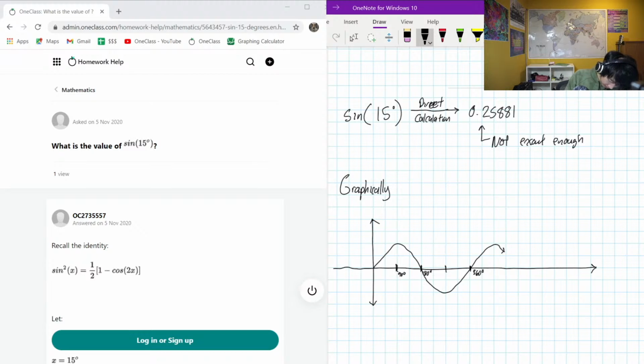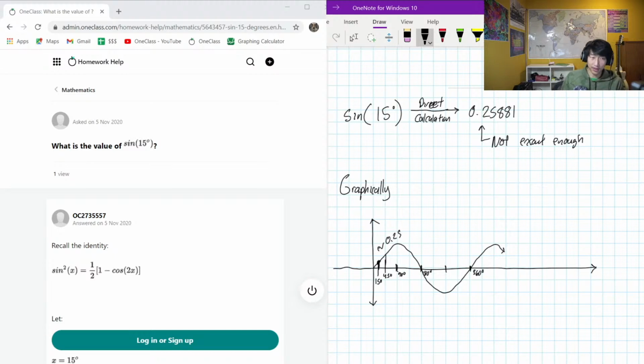We know that this is going to be 45, and this is about a third of this. Graphically we can see that it's going to be about 0.25. And this is approximately 0.25.